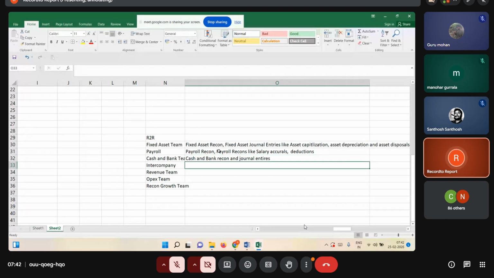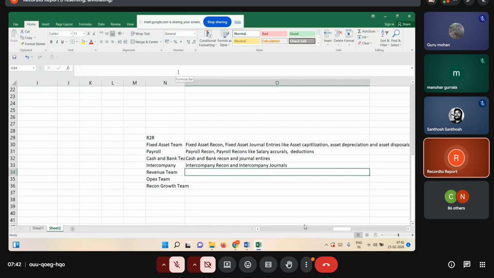The intercompany team will take care of intercompany reconciliations and intercompany journals, like we discussed with the various scenarios, such as when an asset is moved from one location to another, or when a purchase happens between two legal entities. Those we will discuss.